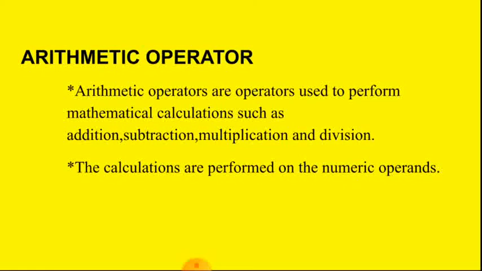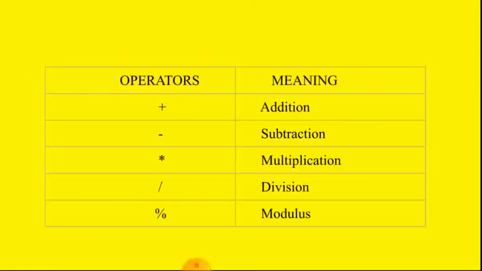The calculations are performed on the numeric operands. These are the operators: addition, subtraction, multiplication, division and modulus. These are the arithmetic operators in C.